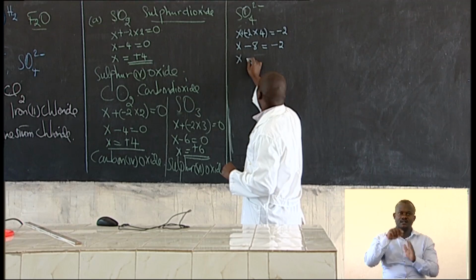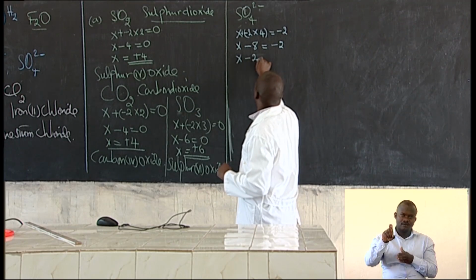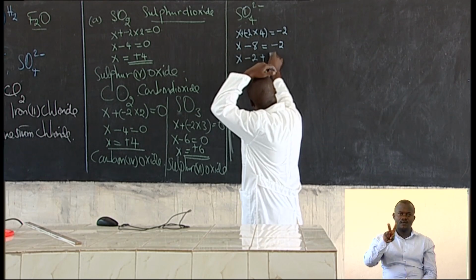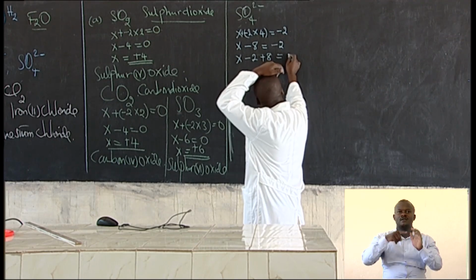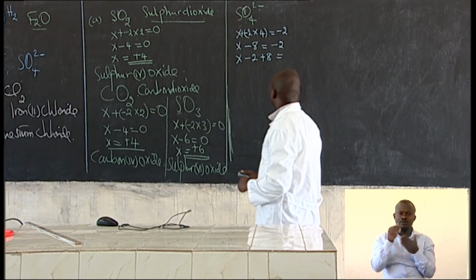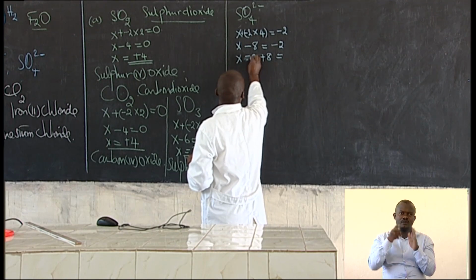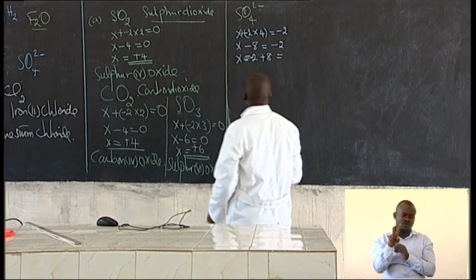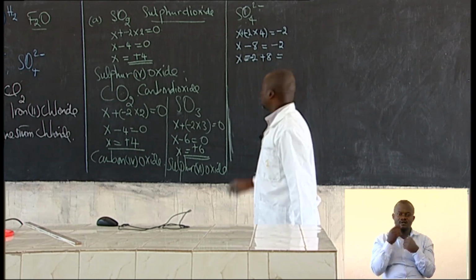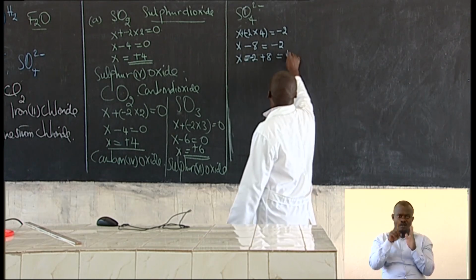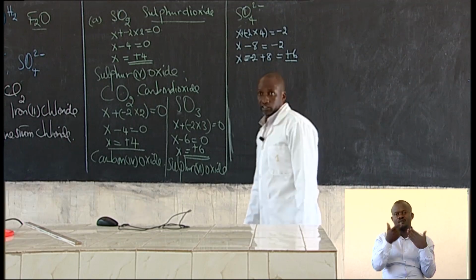So X is -2 plus 8. Just take this one, this side. So X will be equal to +6.